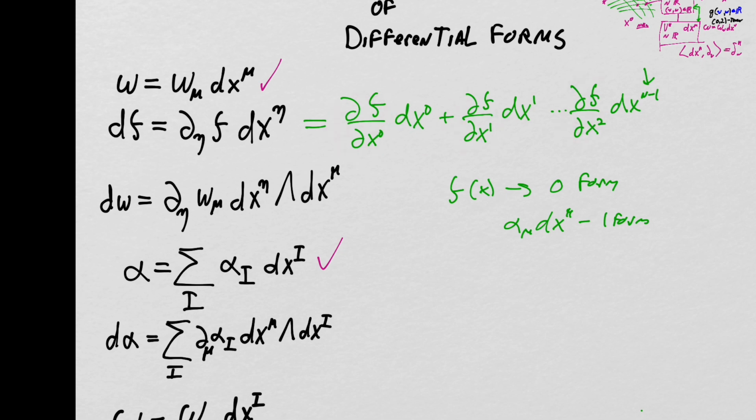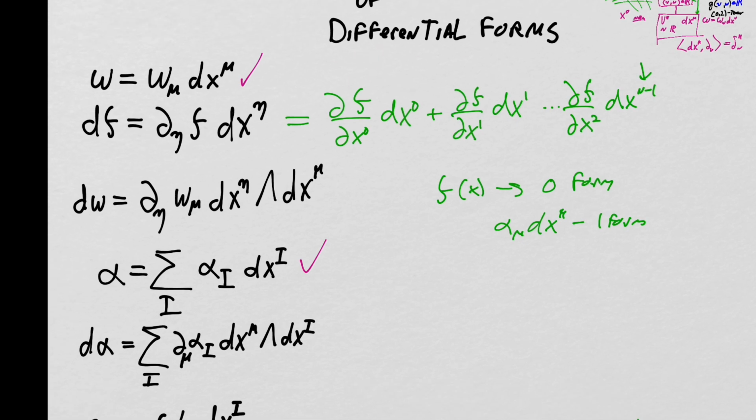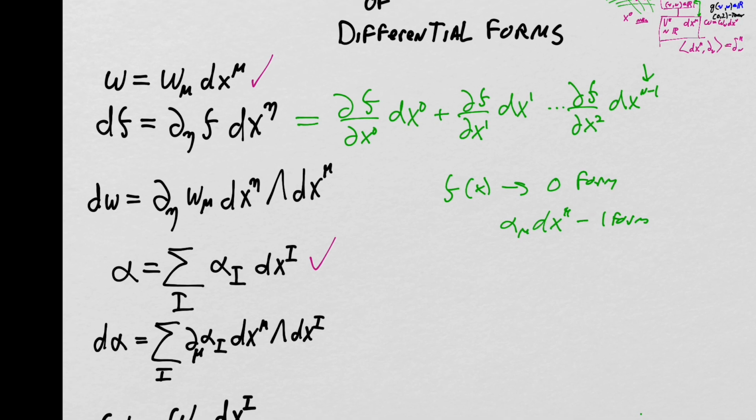And so you've raised the grade of f from 0 to 1. So the 0 is called the grade of the form, right? A 0 grade form, a 1 grade form. You don't use the word grade quite as much in the language of differential forms because you call them forms. You call them 0 forms or 1 forms.